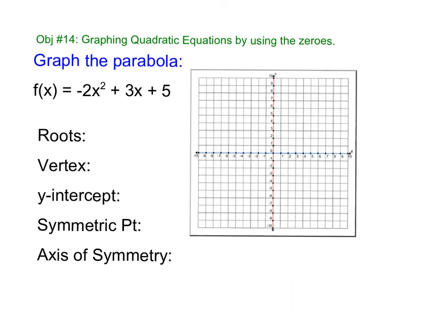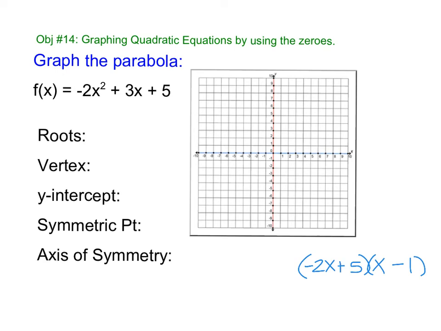All right, next one. Do it on your own. You got this. My roots, let's see. -2x. I hate when the x is negative. That's going to be -1, -5.